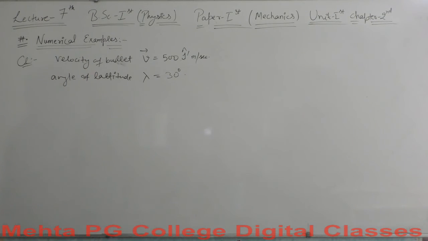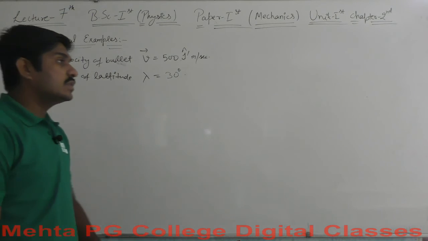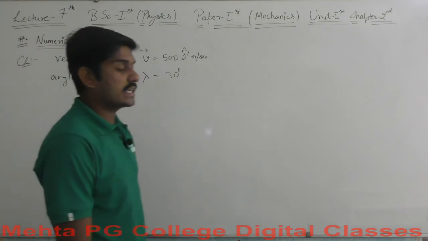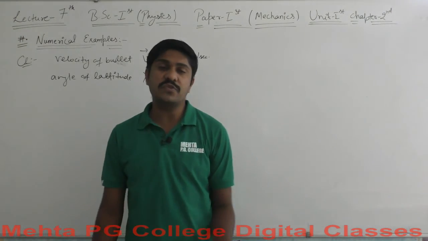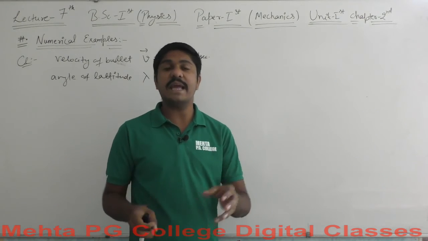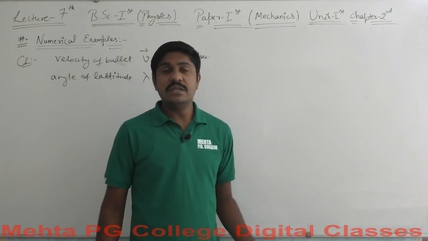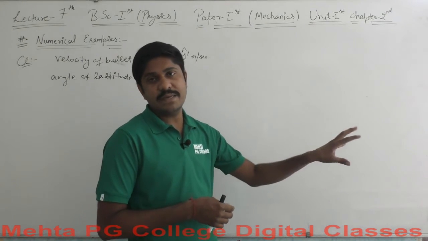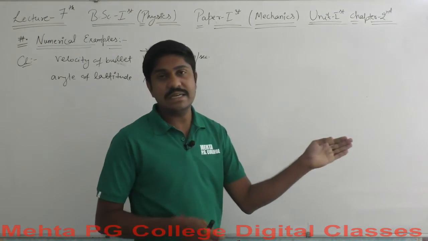We are asked to determine the horizontal component of Coriolis acceleration acting on the bullet and the displacement when the bullet strikes the target placed at a distance of 250 meters. In half a second the bullet travels 250 meters, so what should be the horizontal component of Coriolis force acting on the body, and what should be the displacement when it strikes?